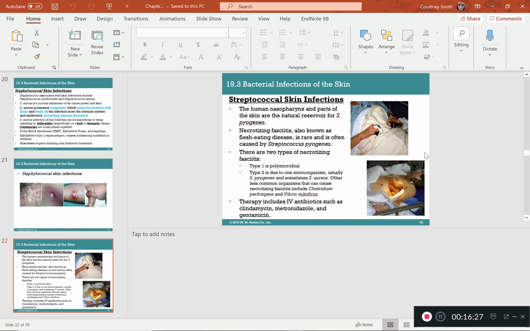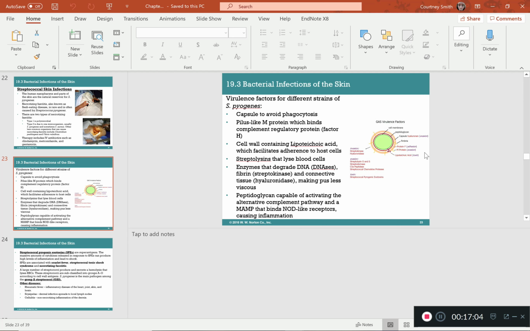But there are other species as well, such as Clostridium or Vibrio. But in this term, we're just going to focus on strep in terms of clinical presentation. The reason strep is so difficult to treat is because it has a multitude of virulence factors. Since it has so many virulence factors, that aids in causing disease and makes it very difficult to treat. Okie dokie.